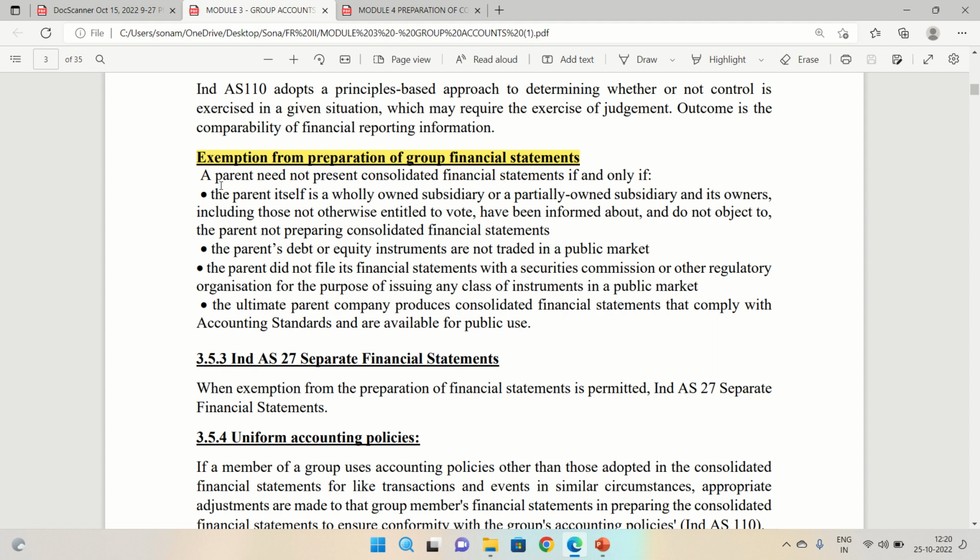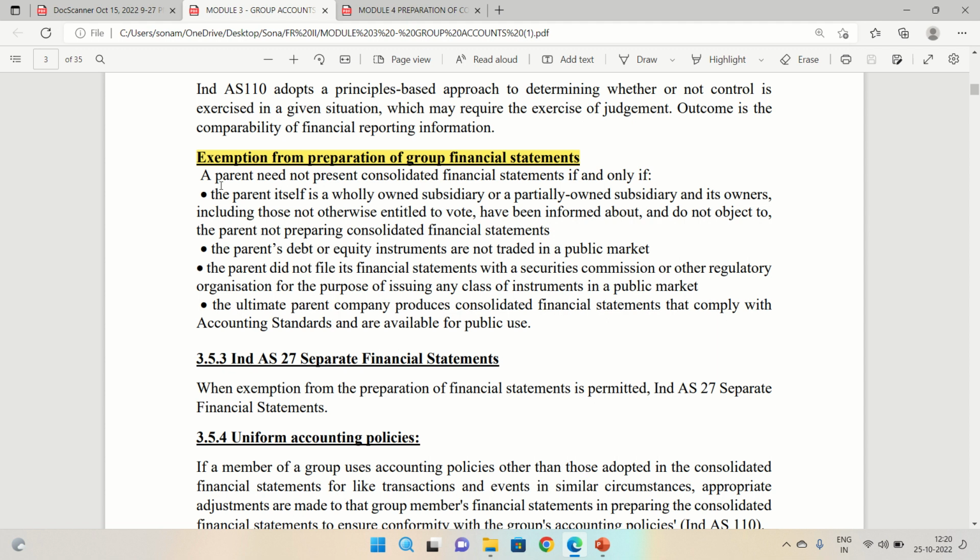That means, just keep in mind, we have a parent company known as P, and its subsidiary company known as S. But the parent company itself is a subsidiary of another company known as Q, for example. So we have three companies, Q, P, and S. S is the subsidiary of P, P is the subsidiary of Q. So when the parent itself is a wholly owned subsidiary, this exemption can be applied. That is the first point. I hope you got the point.